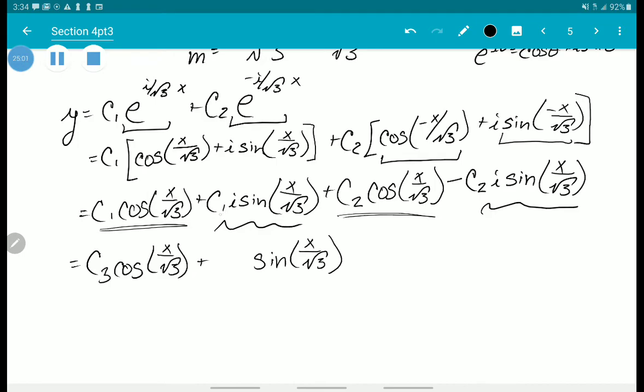If we put C1 and C2 together into C4, we could let that C4 absorb that i, and say that C3 and C4 are actually elements of the complex numbers. And we know C4 would definitely be a complex number because it's got that i value absorbed into it.